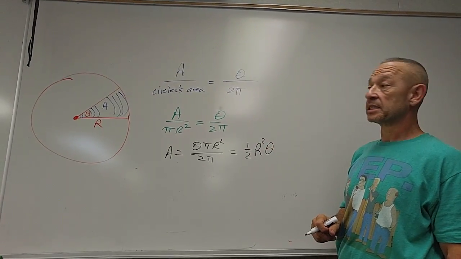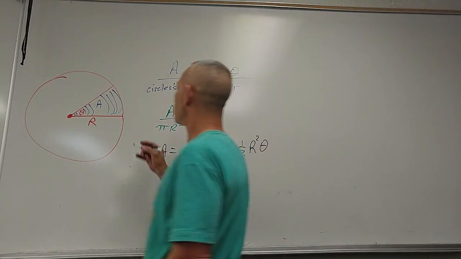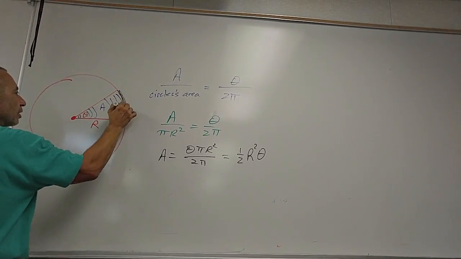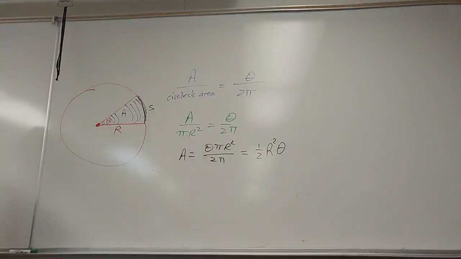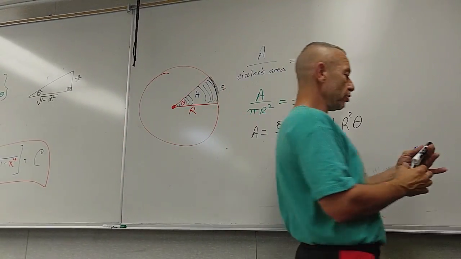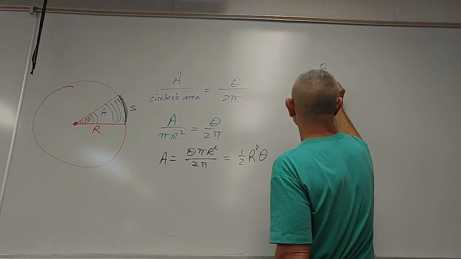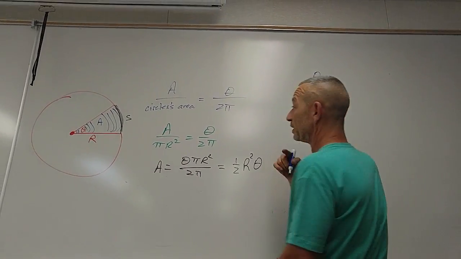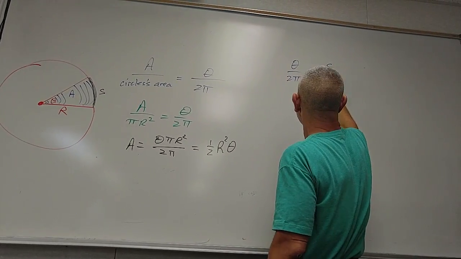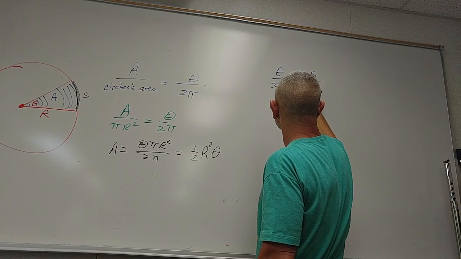No calculus necessary. Can somebody tell me how to get the formula for that arc length? Call it S. Same ratio, the ratio of theta, the angle of the sector, to the entire circle angle, which is 2 pi all the way around, is going to equal the ratio of that arc length in question to the entire circle circumference.